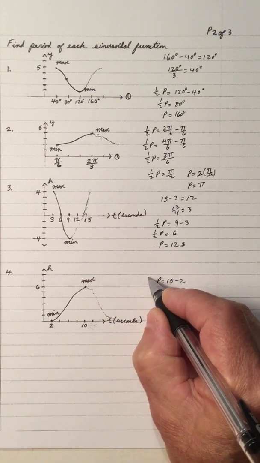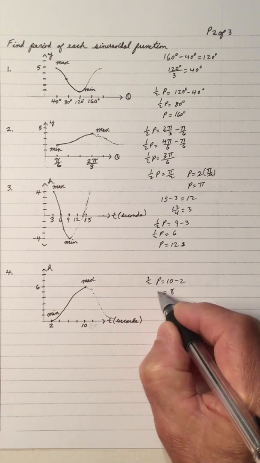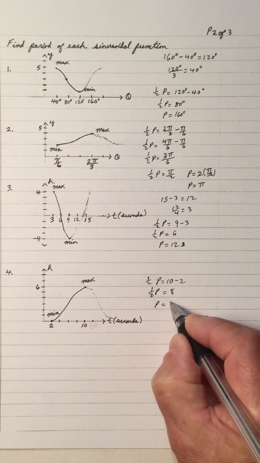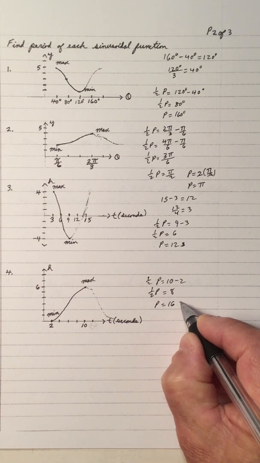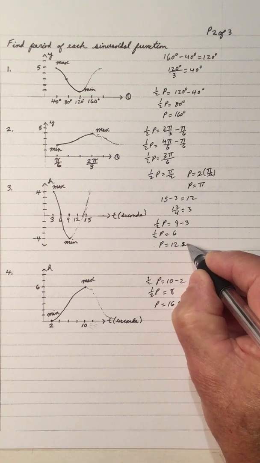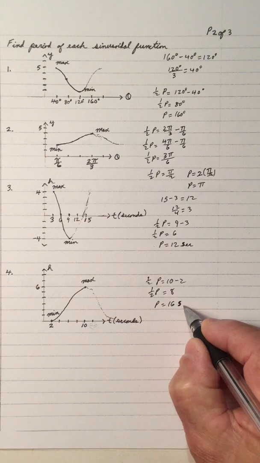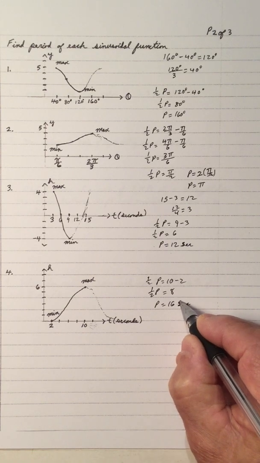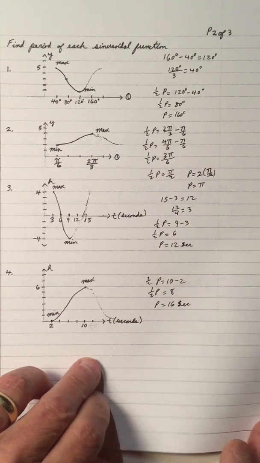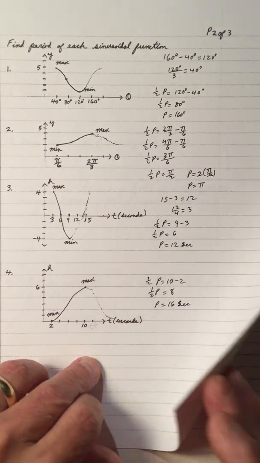So half the period is 8. So the full period is 16. And again, S is for seconds. I'll just write SEC because my S's look like 5. So that's 16 seconds. Okay, let's continue.